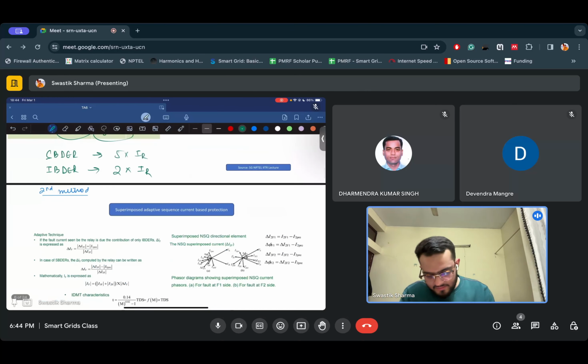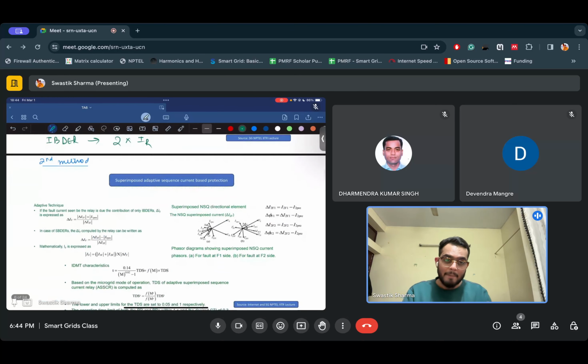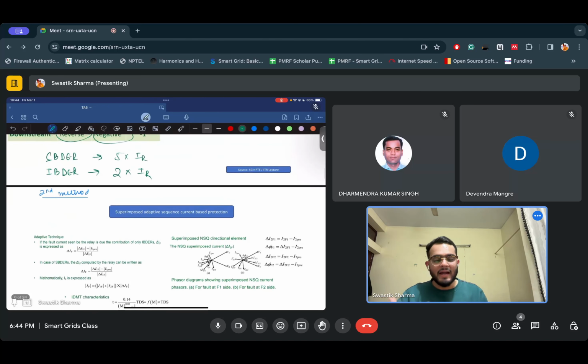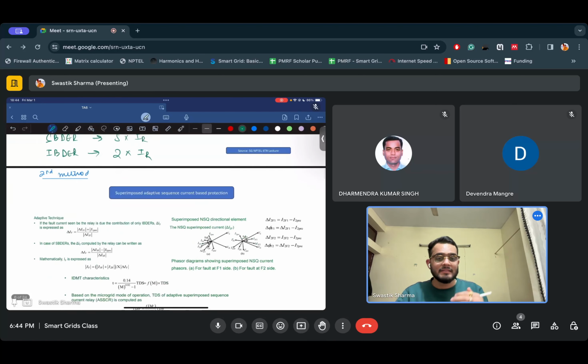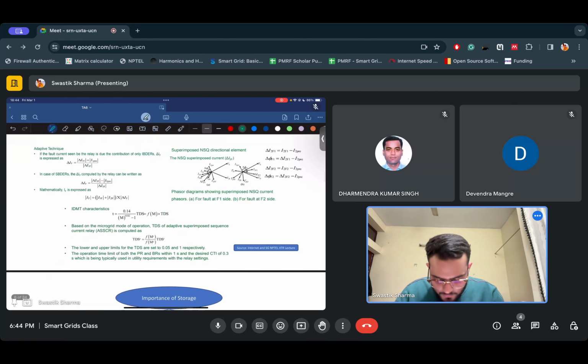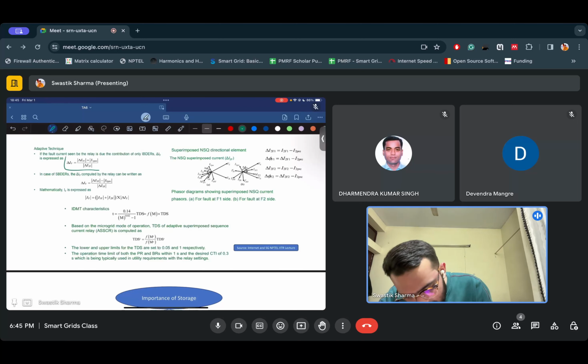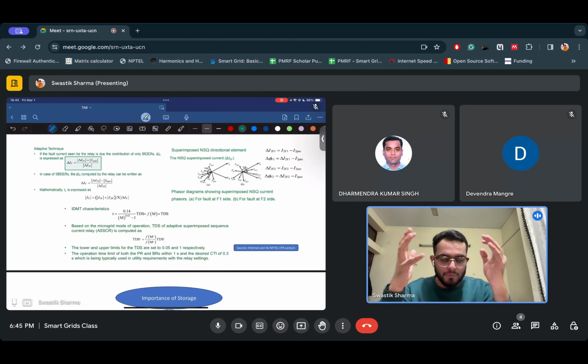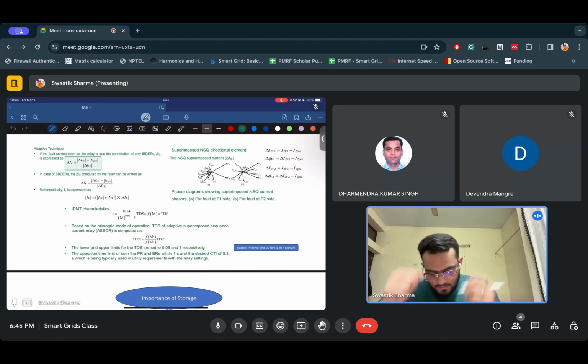So if this is the case, how do we adapt the technique to be able to sense the kind of DR which is supplying the power, that is, the amount of current that is coming through it? So they come up with an index. Since the fault current is less in inverter based DRs, you add both the fault current, the difference of the superimposed component of the fault current, with the pre-fault current, and the index would be given by this.